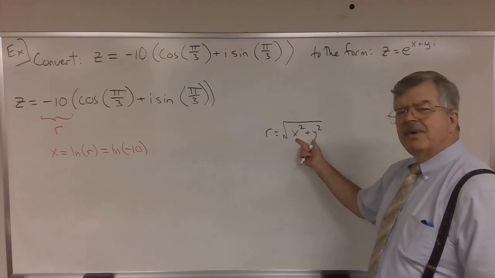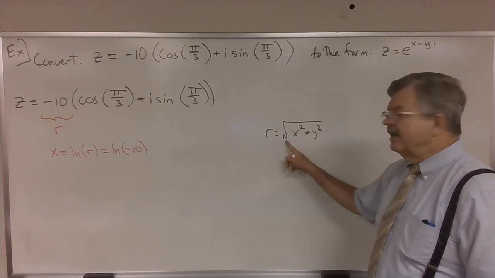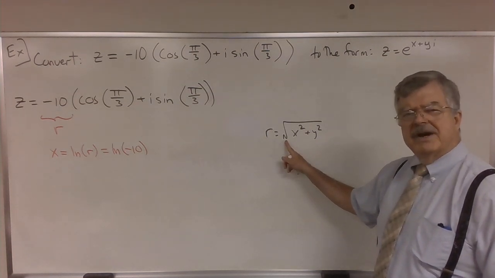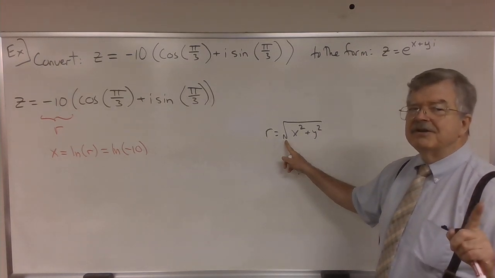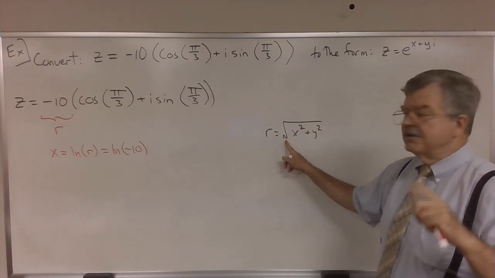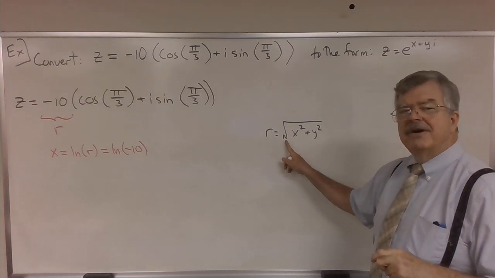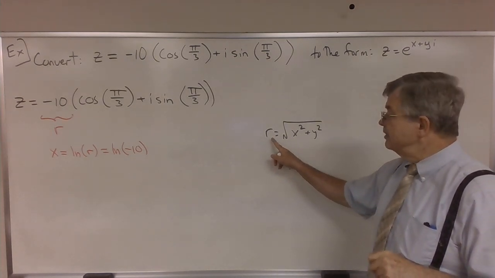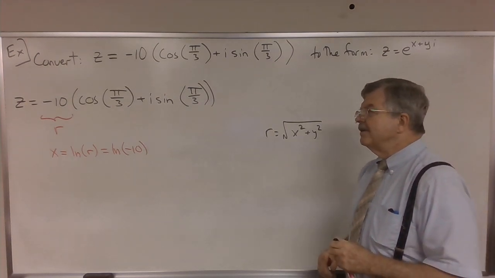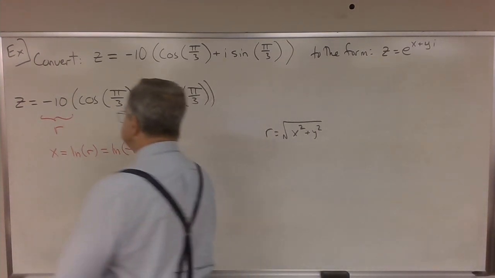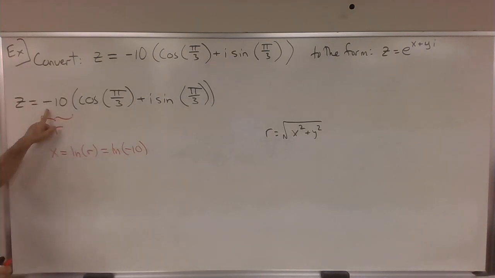X squared plus y squared is positive, and by convention, the square root function, which, since it's a function, can only return one value, returns the positive root. So r should be positive. So, I guess this wasn't really in polar form to begin with.